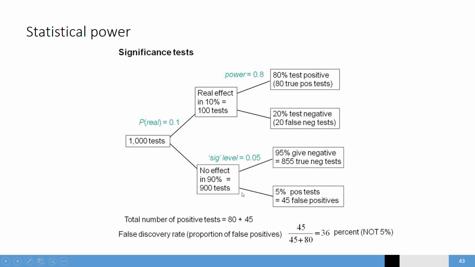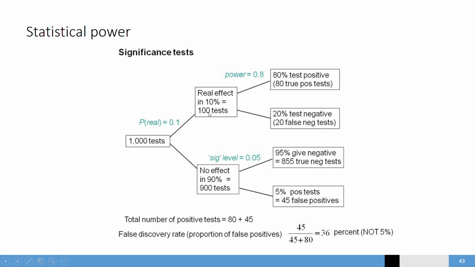You have been unlucky with your samples, and then you think that the compound is making a difference. So you will have 45 false positives, and in the other 95% you will correctly identify that these compounds are not useful. So you will have this many true negative tests. Okay, that is on one side.